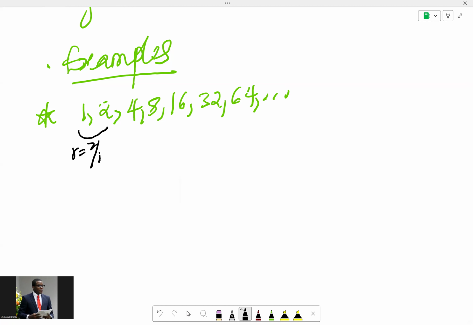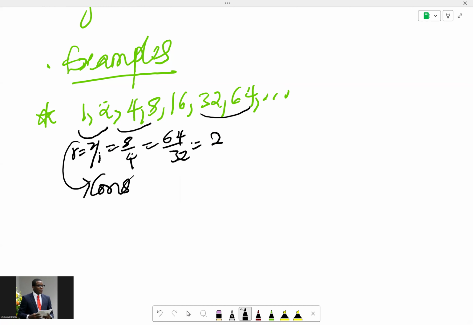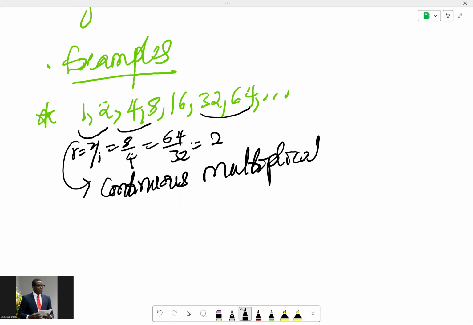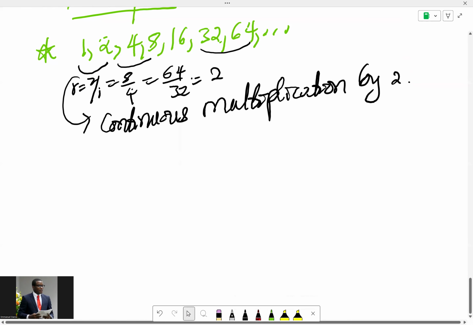This is 2 divided by 1, or it's the same if you say 8 divided by 4, or even 64 divided by 32. So you see that the common ratio here is 2. So here we have continuous multiplication by 2. That's why 2 is the common ratio.